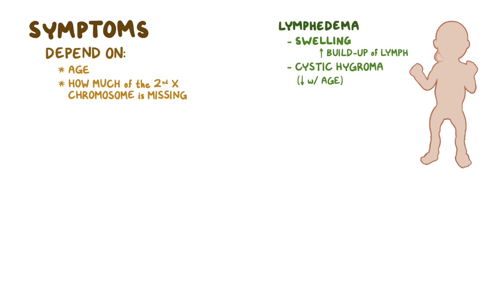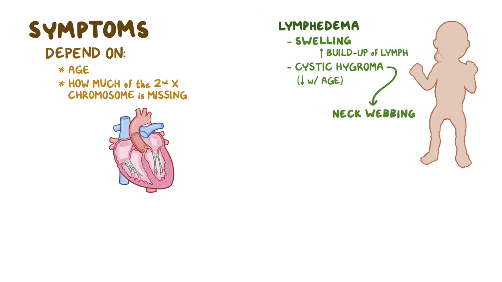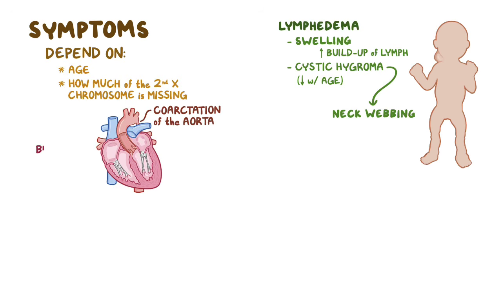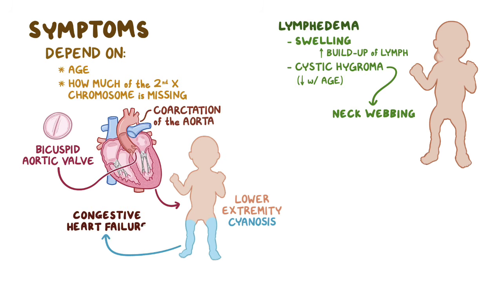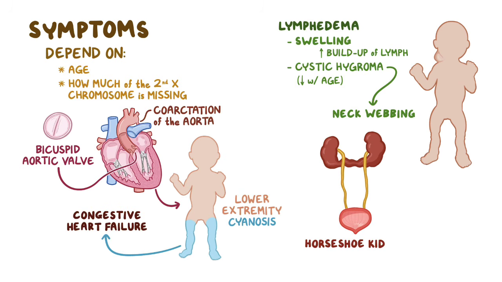This often leaves extra skin on the neck, called neck webbing, which gives the appearance of having a wider than normal neck. Coarctation of the aorta and a bicuspid aortic valve can cause lower extremity cyanosis, meaning a bluish or purplish discoloration of the lower limbs, and can result in congestive heart failure. Children with horseshoe kidney are more likely to have urinary tract infections.